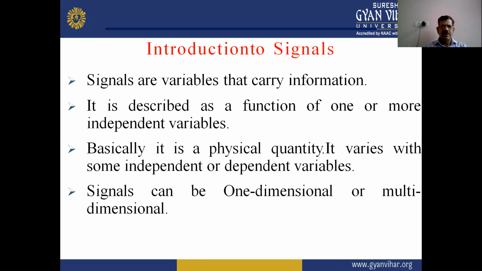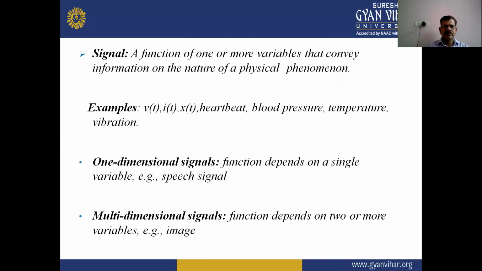So a signal is a function of one or more variables that convey information on the nature of a physical phenomenon. An example of v(t), i(t), x(t), heartbeat, blood pressure, temperature, vibration. These are examples of signals.